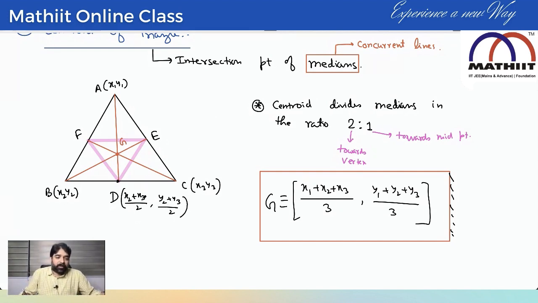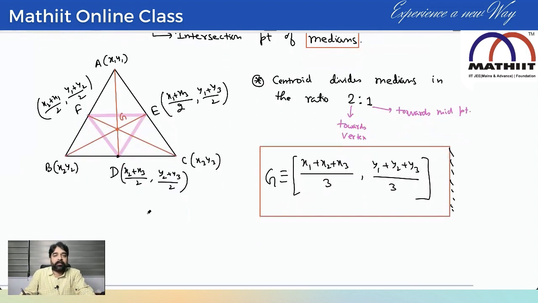What is this coordinate? It is (x1 plus x3) by 2, comma, (y1 plus y3) by 2. What is this coordinate? It will be (x2 plus x1) by 2, comma, (y1 plus y2) by 2. Now I have the vertices of this triangle.